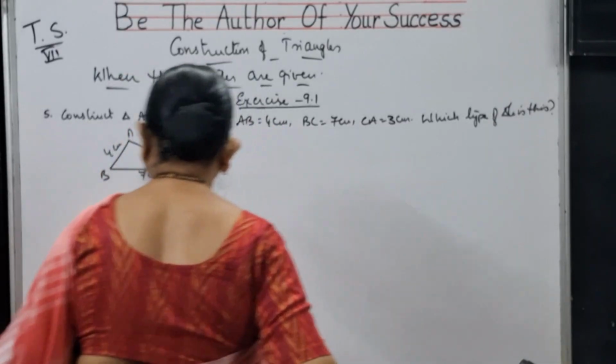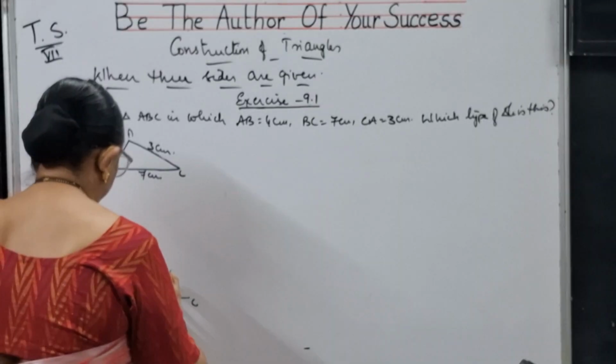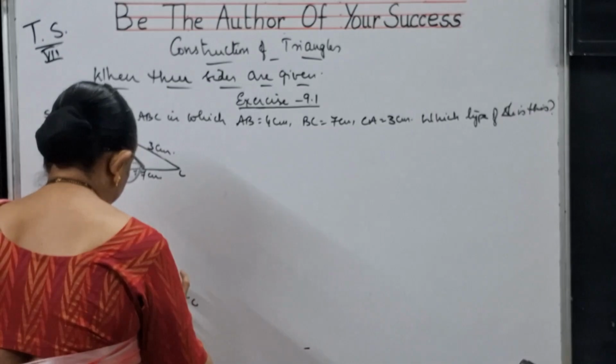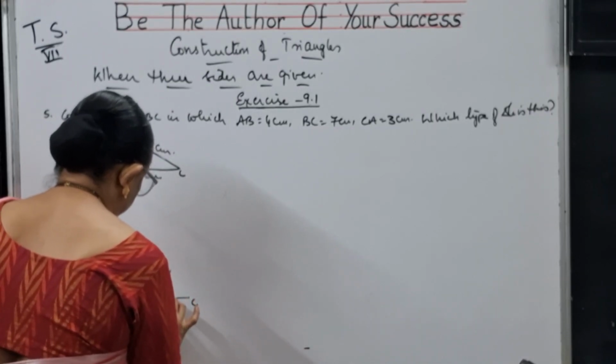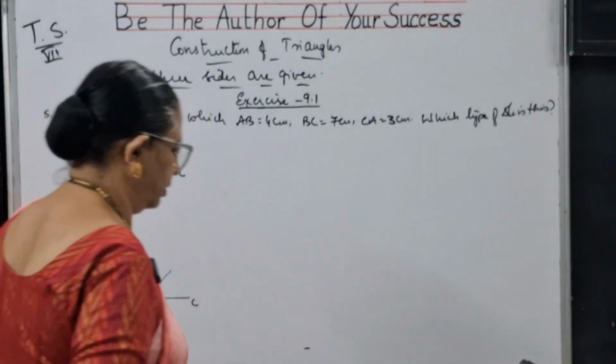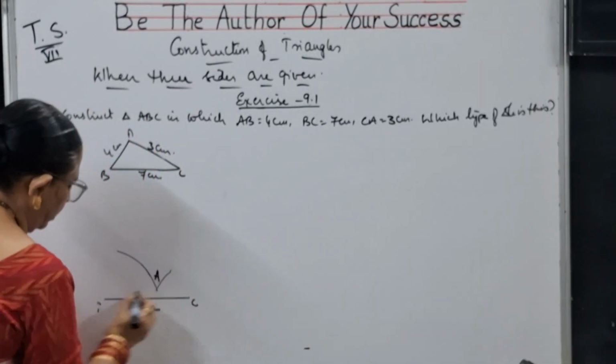See children, these two arcs are not meeting. So what should I do? I have to extend this arc. Extend it in such a way that they both will meet at a point. So this is A, where they are meeting.